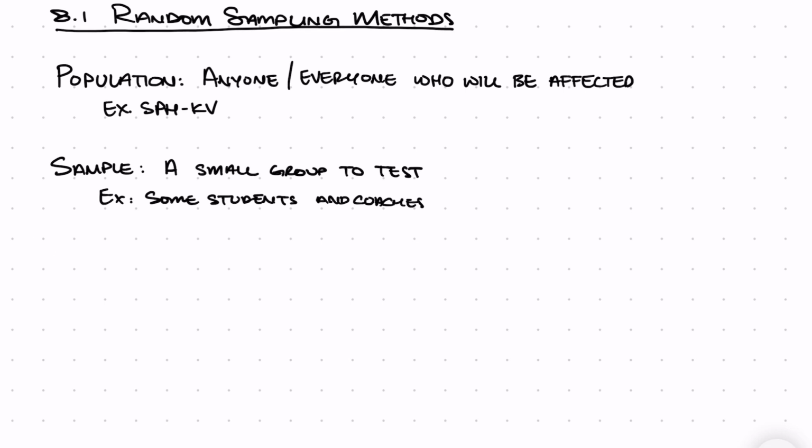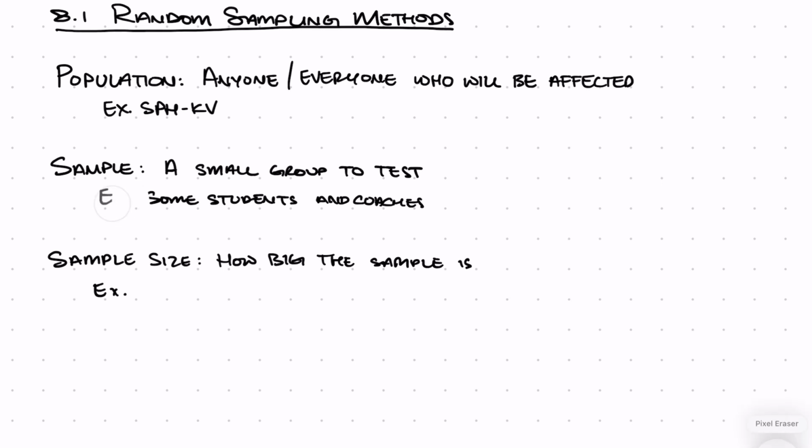And with this, we also have something called a sample size. So you need to decide how many people are enough to test out or to survey, right? So this will be how big the sample is. So let's say for SPHKV, I know that there's about 500 to 600 students.